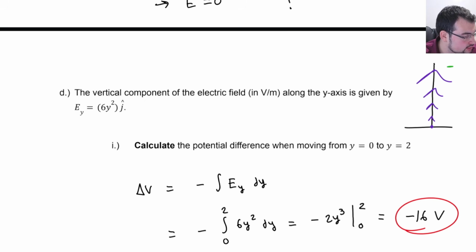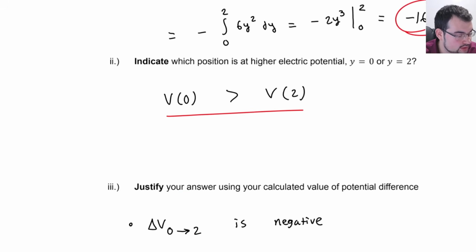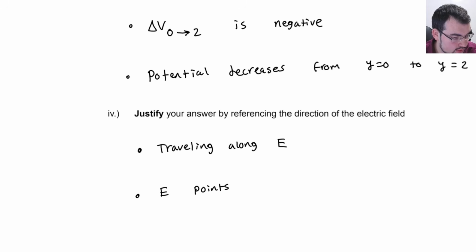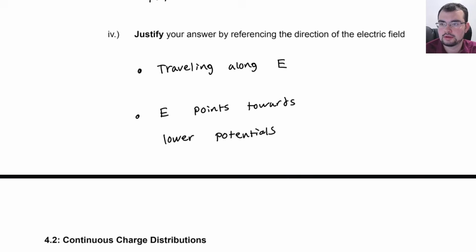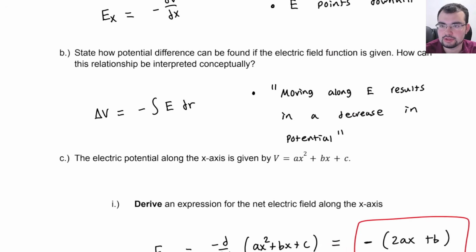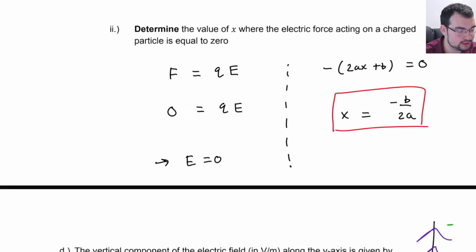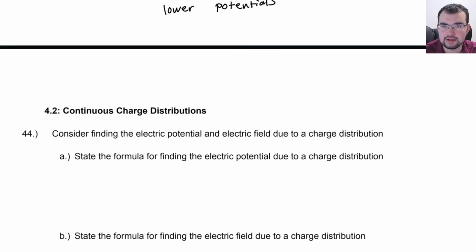So since E points downhill, we're traveling along E, and E points towards lower potentials. So that's about all you can do with field and potential. If you have the potential, you take a derivative to get E. If you have E, you integrate over an interval to get delta V. And of course, there's those negative signs.